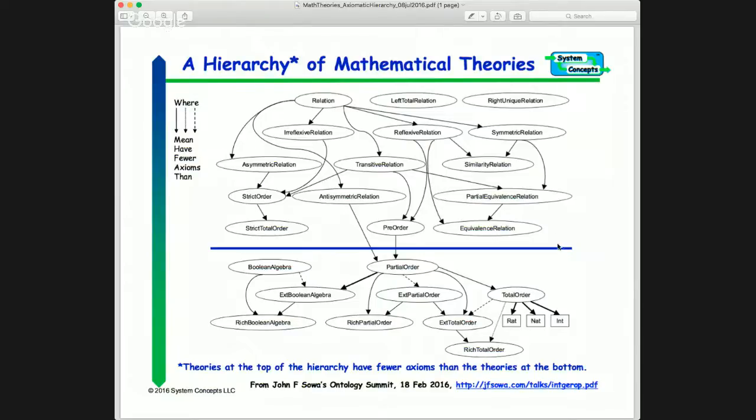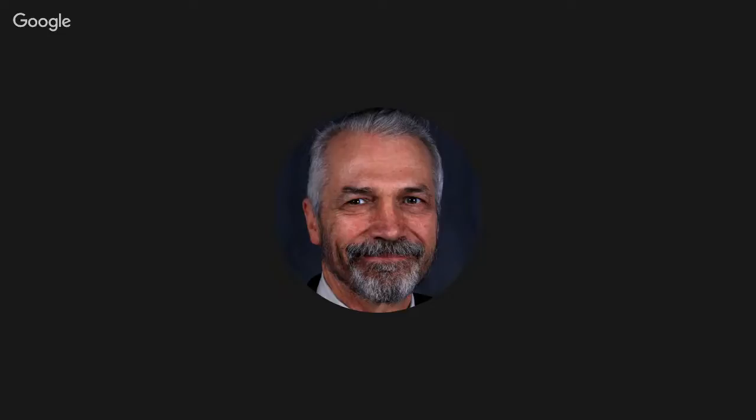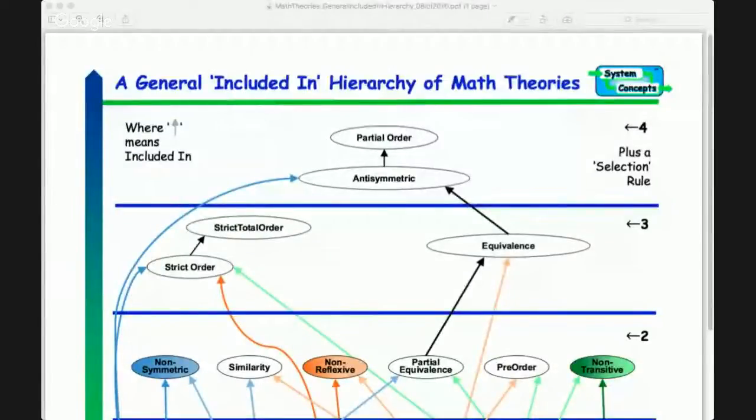So what we did was we took a look at this, decided to arrange it into an included-in hierarchy, to see if we could take the components that we're interested in and put them into a hierarchy that addresses some of the issues that we've been talking about here.